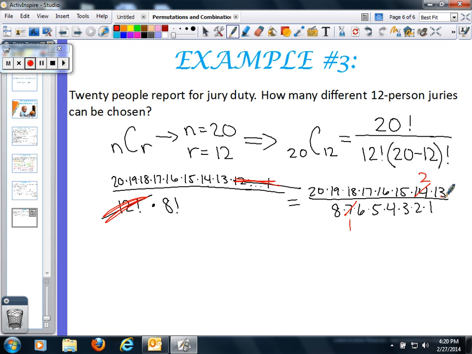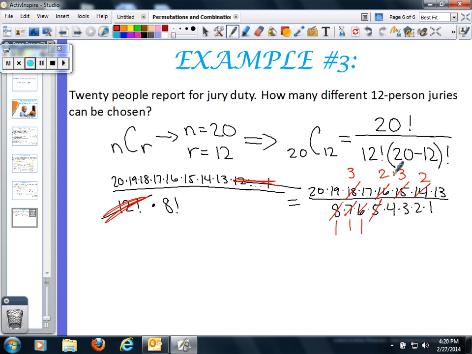13 is not going to cancel with anything because 13 is prime. Okay? We're going to do 8 and 16. 16 becomes 2. The 8 becomes a 1. We're going to do 6 and 18. The 18 becomes a 3, and the 6 becomes a 1. We're going to do 5 and 15.